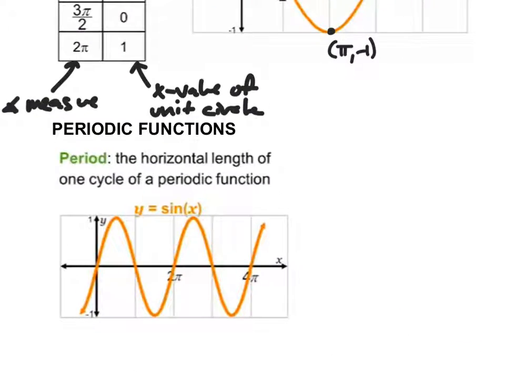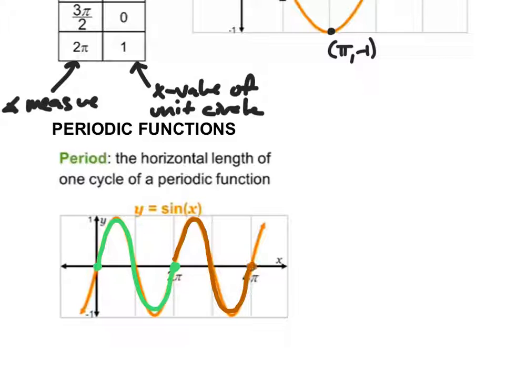Now the cool thing about this is that as you go around the circle, these are what we call periodic functions. A period is the horizontal length of one cycle of a periodic function. So if you start here at 0, 0, you have one cycle of this function, and then it repeats itself and you have a different cycle.